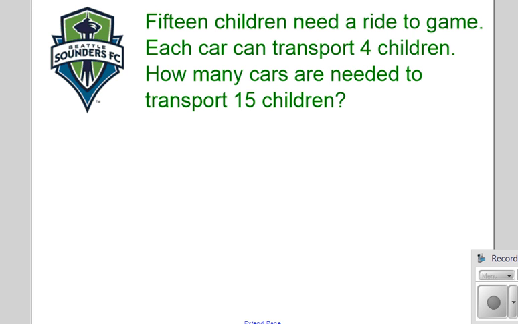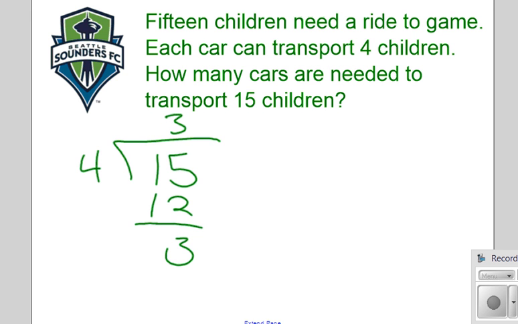How about this one? 15 children need a ride to the game. Each car can transport 4 children. How many cars are needed to transport 15 children? If I divide 15 by 4, it goes in 3 times, giving me 12, and 3/4. So I need 3 complete cars and 3/4 of another car.